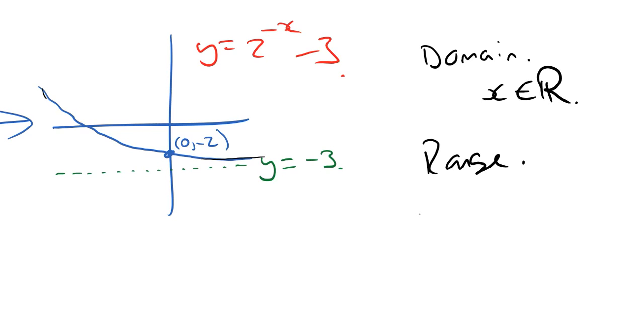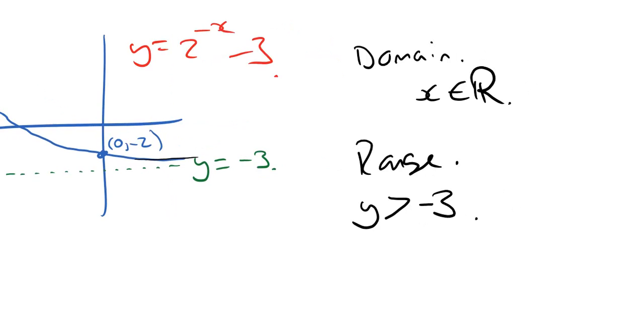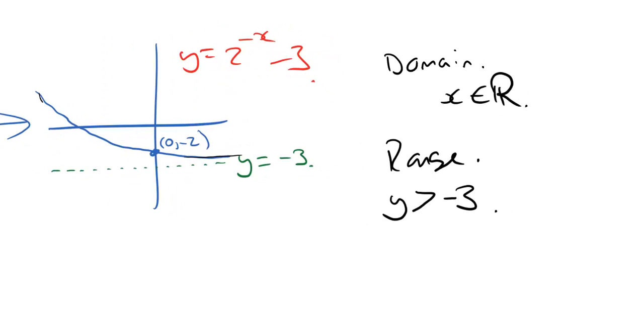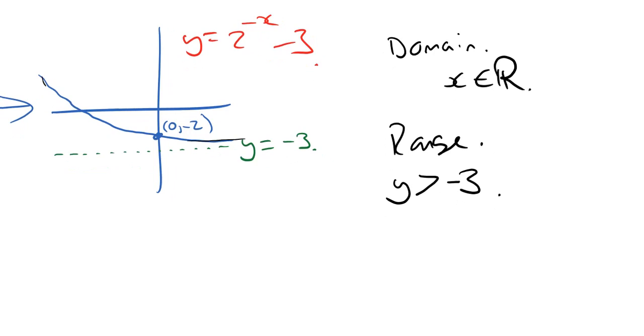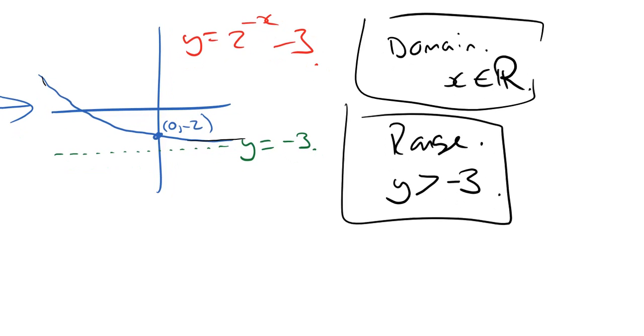So our range of values is going to be y is greater than minus 3. Now I haven't used set notation there. I'm just going to describe them in a rudimentary way so everyone can understand. But that will do for now. Domain, x belongs to real values, and the range is y is greater than minus 3.